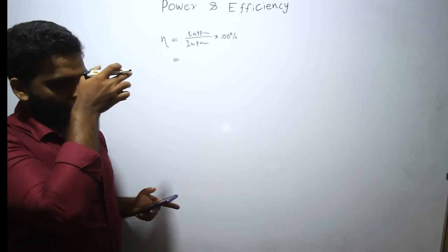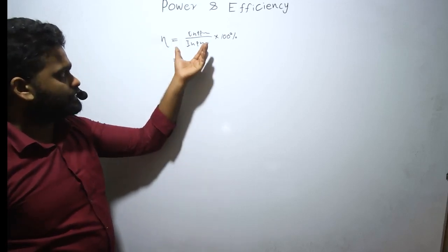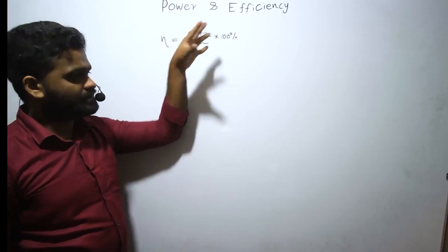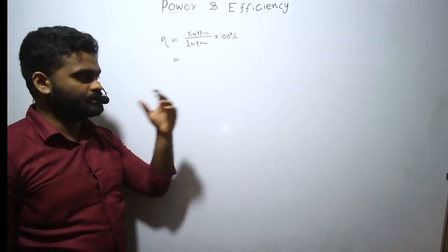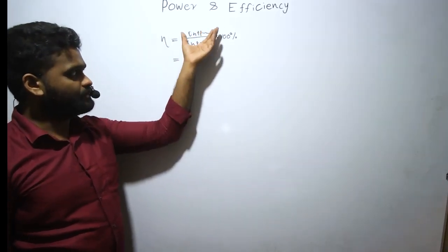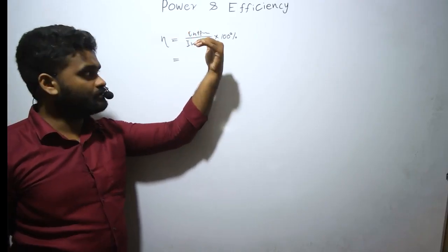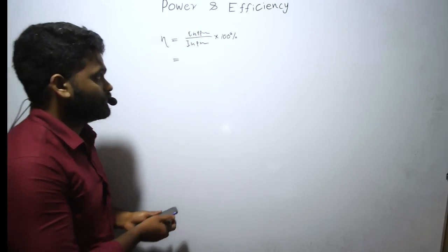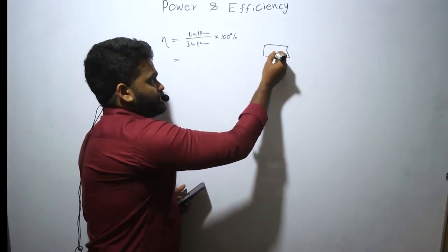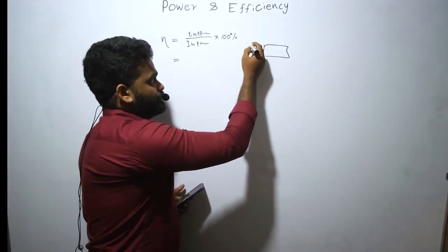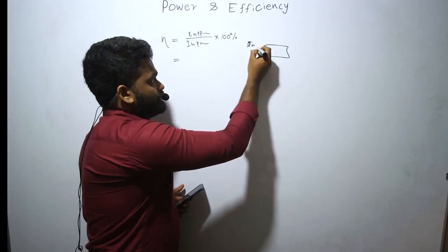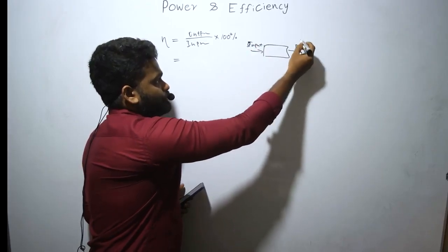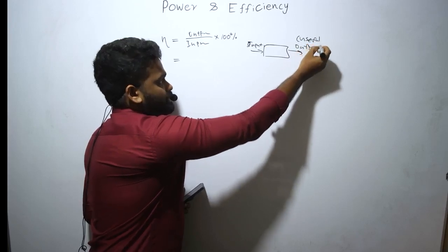Basically, when you apply your input, depending on the efficiency, it gives us an output. The output can be equal to the input, but it should be less than our input. Let's say you have a machine: you provide it the input, then it provides the output, which is useful energy.